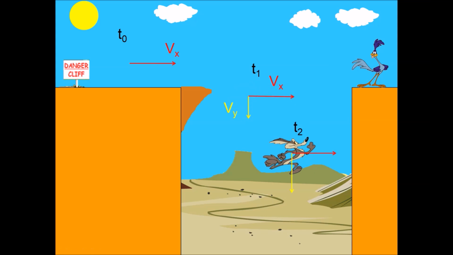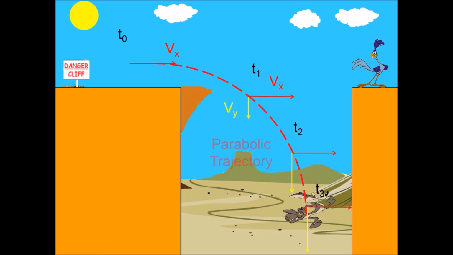Now at t2, Vx is the same, but now you can see that his y velocity vector is increasing. He's accelerating downwards. And finally, his Vx is still the same, but his velocity vector in the y direction is significantly increased. This means he's accelerating in the y direction and keeping a constant velocity in the x direction.